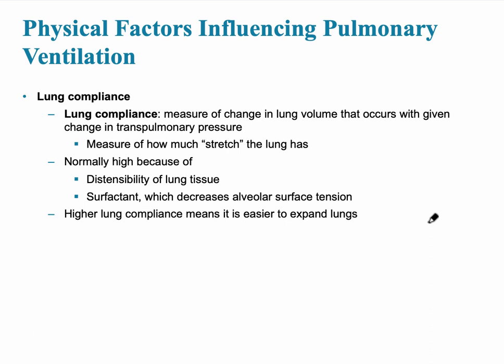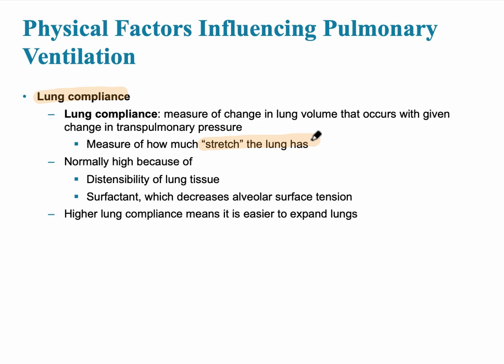And finally, the last factor that is going to affect pulmonary ventilation is lung compliance. Lung compliance is the measurement of the change in volume as the lungs stretch. So basically, how much can the lungs actually comply? How easily can they expand or constrict?